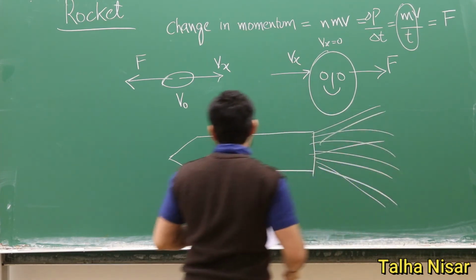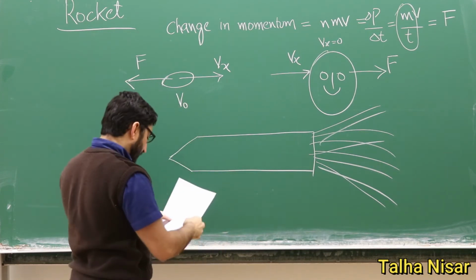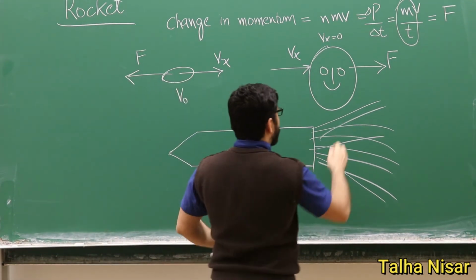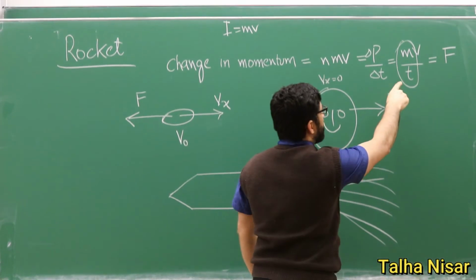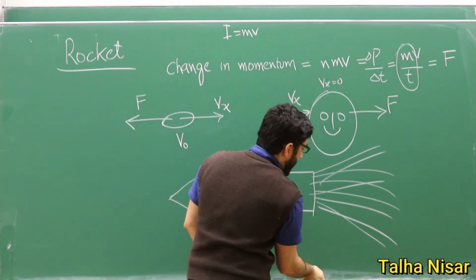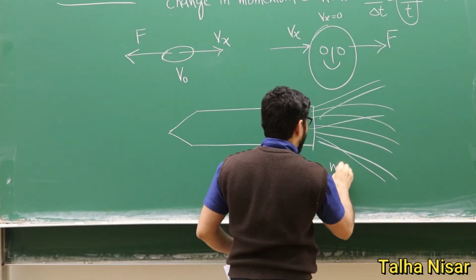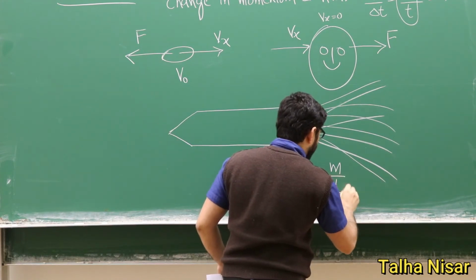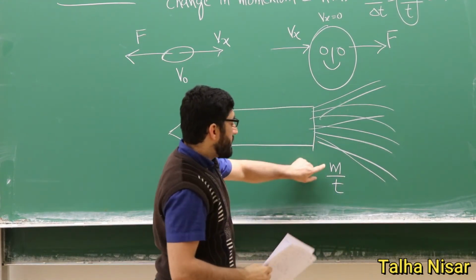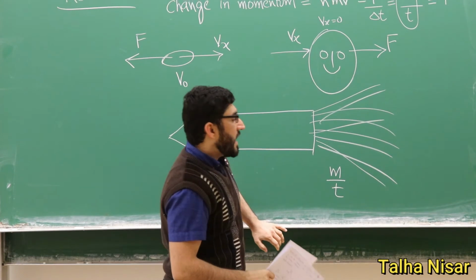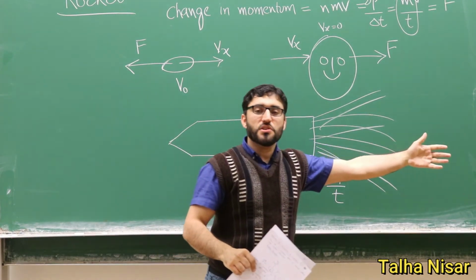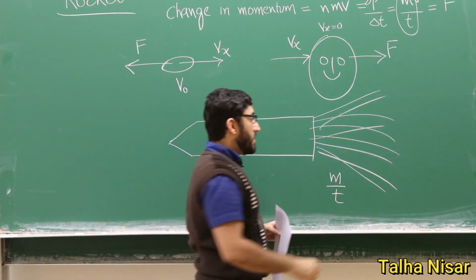in this direction. So what's actually happening is that this is our mass per unit time, the mass per unit time that the rocket is throwing. Since this rocket is throwing mass per unit time in this direction, it will have some velocity.